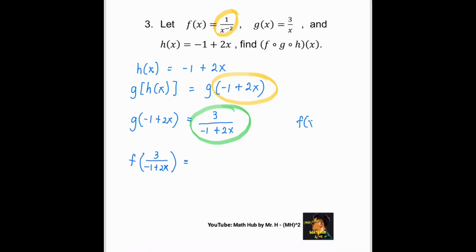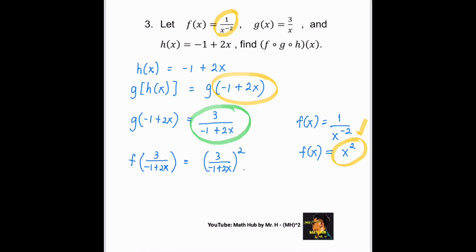If we're going to rewrite this, applying the law of exponent, f of x can be rewritten as x to the power of 2. So we can follow this instead, as it looks simpler. And so the x will be replaced by this. So that is going to be 3 divided by negative 1 plus 2x, squared.